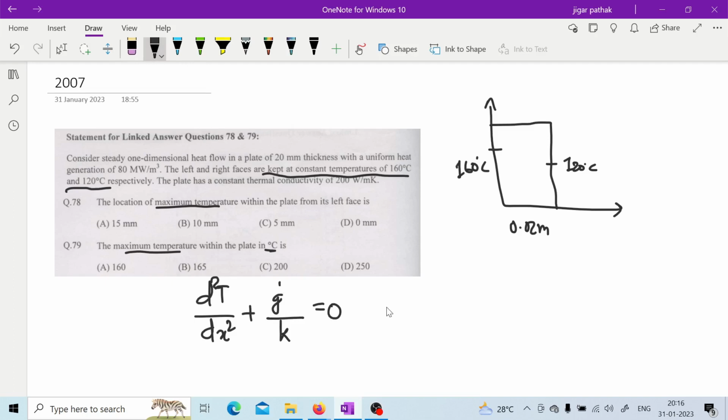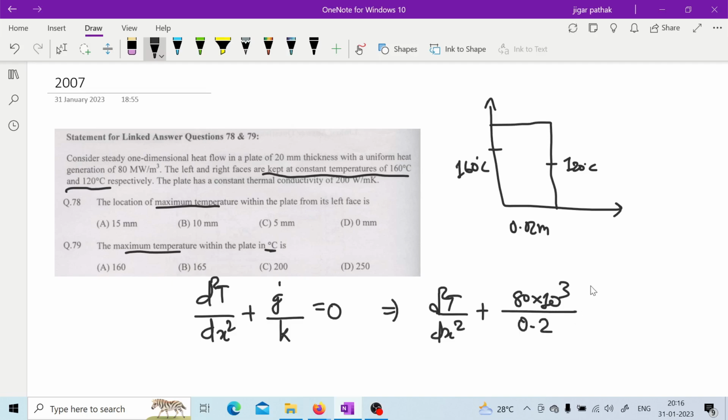Yes or no? So now this heat generation is given as 80 megawatts. If you write it in terms of kilowatt, then you can have d2T upon dx square plus 80 into 10 raised to 3 divided by 0.2, right?